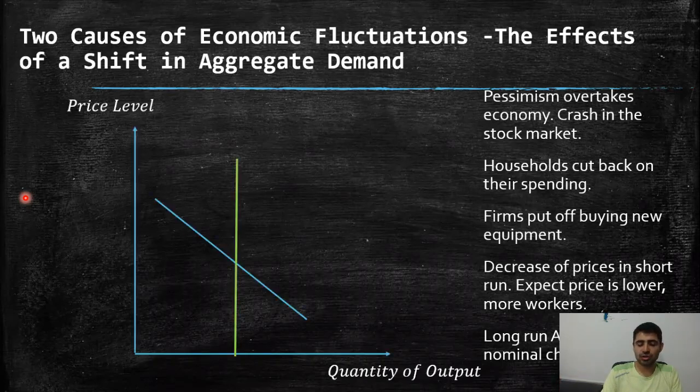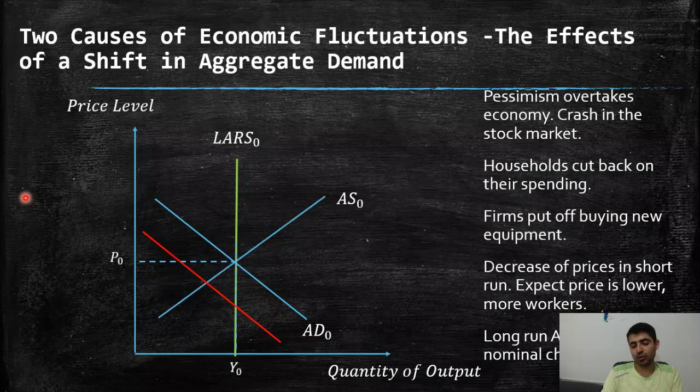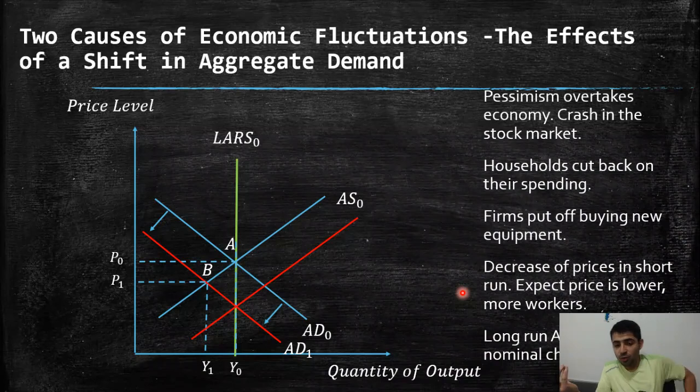So let's have a look at the situation. Here we have the aggregate demand curve and the aggregate supply curve. When there is a contraction of the demand, we have this situation. The first move is a decrease in the prices and a decrease in the quantity, from A to B. But then, due to the decrease of prices in the short run, the expected price is lower, so you hire more workers, and then you can move the AS.